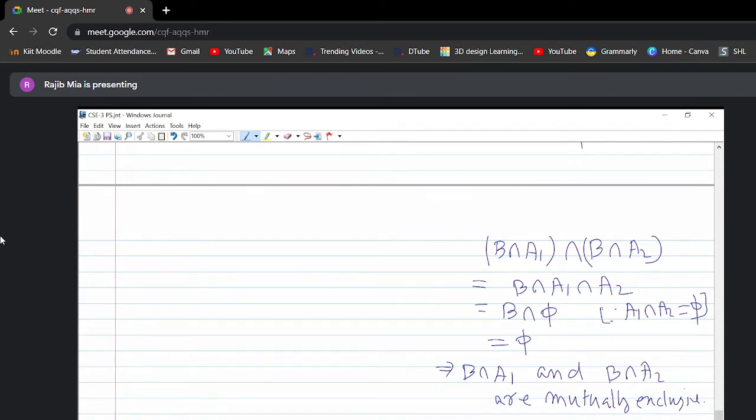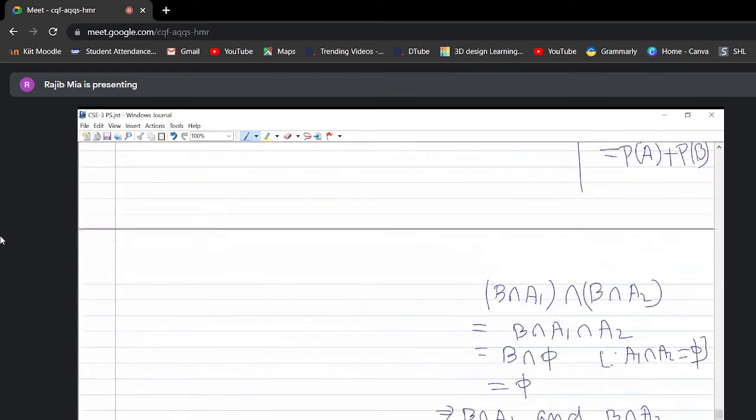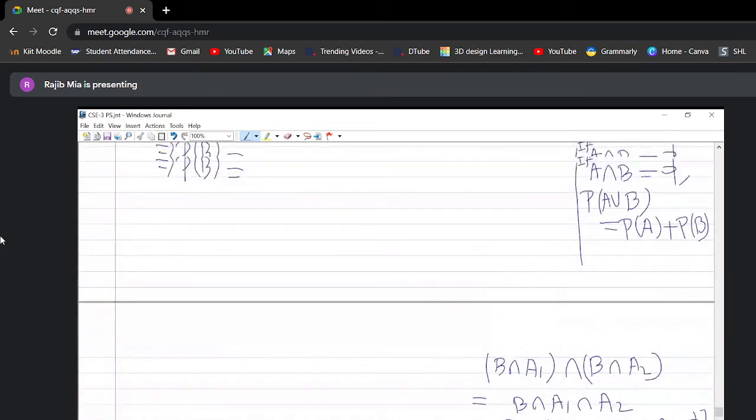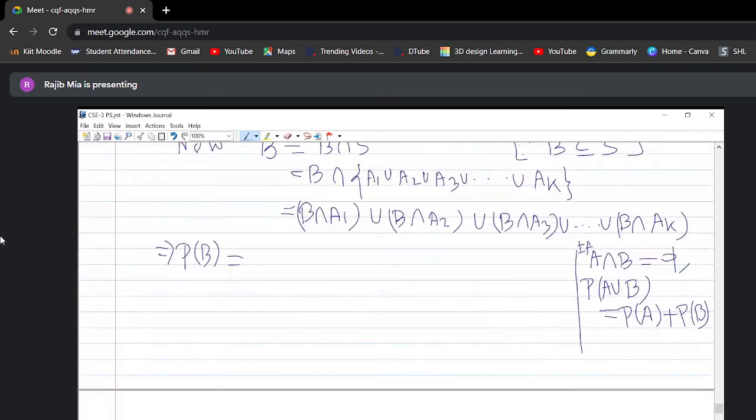Similarly, all these events B intersection A1, B intersection A2, up to B intersection AK are mutually exclusive events. Then take the probability: probability of B intersection A1 plus probability of B intersection A2 plus dot dot plus probability of B intersection AK.